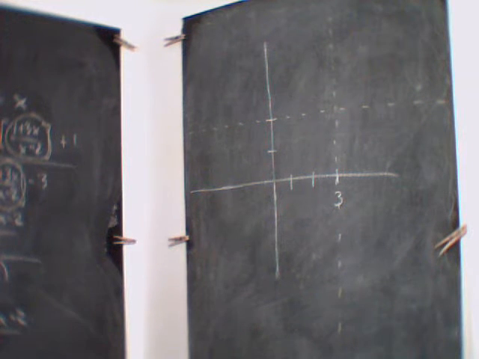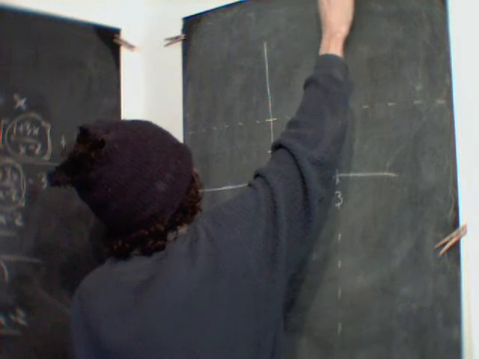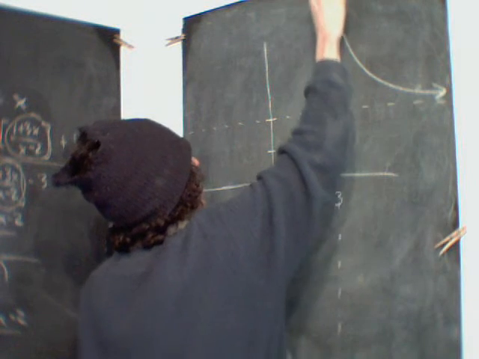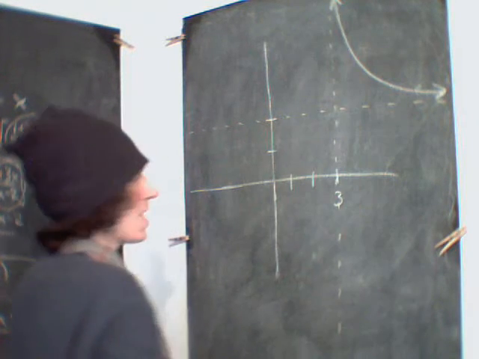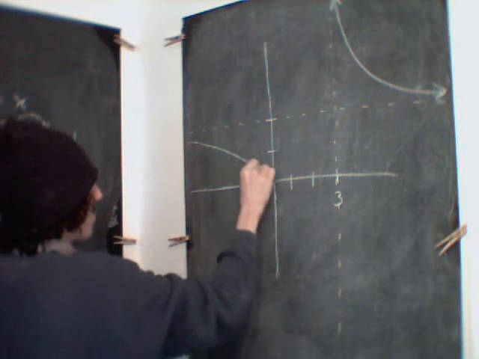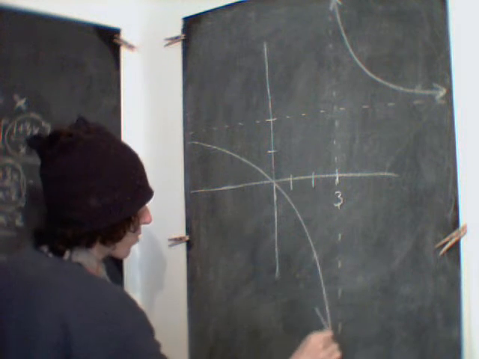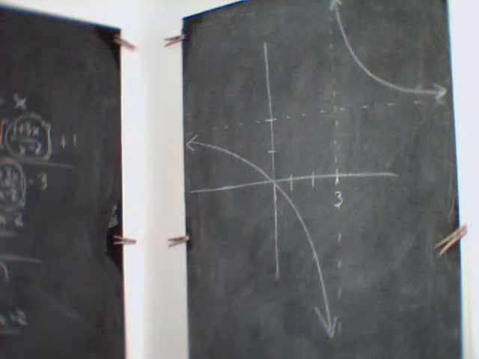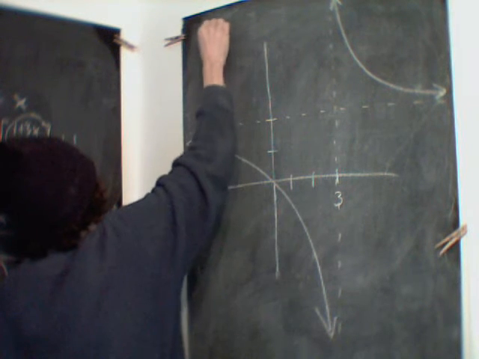And as we saw from our analysis, it does this on the right side, and then it does this type of thing on the left side. That's what it looks to me like, based on a very cursory analysis. But this is a pretty simple function, and that is y equals f of x.